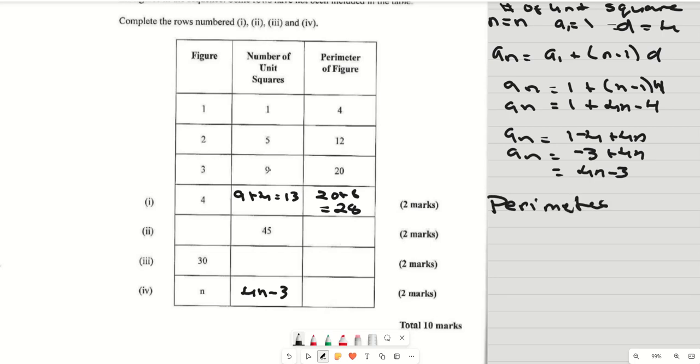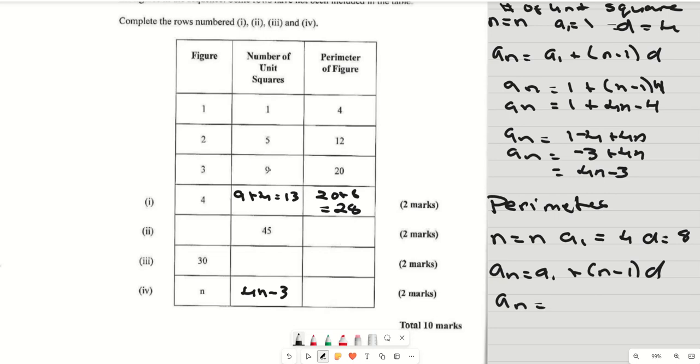We're going to use the same formula, an is equal to a1 plus n minus 1 by d. You know n is the figure number. A1 in this sequence is 4. Your difference, we saw, was 8. So an is equal to 4 plus n minus 1 by 8.